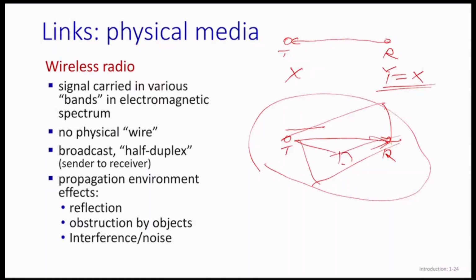So there are multiple paths to the receiver, not just the original X: maybe X1, X2, X3. So the received signal becomes multiple components. If we send X and receive Y, then Y equals X multiplied by a parameter. We call this H. What is H? H is the channel.